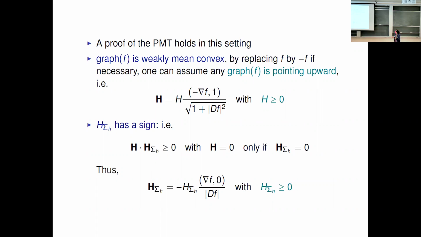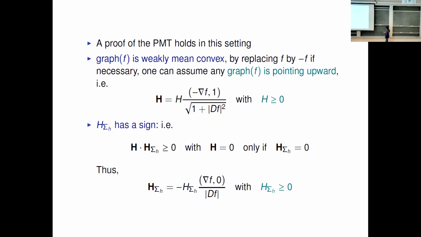Okay, and as I was telling you, this h sigma is going to have positive sign once we replace f by its negative, because the graph is always weakly mean convex. So we can really choose the picture to look as I was telling you.